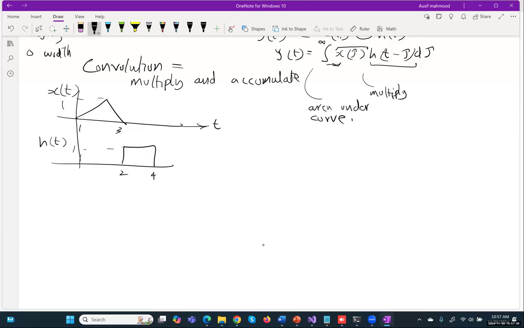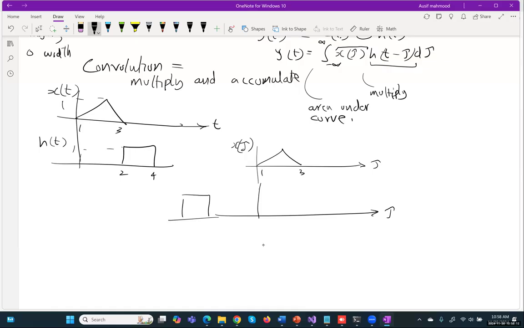Okay, so x of tau doesn't do anything. It simply changes the t scale to tau scale. It's just a change of variable. So everything in t becomes tau, that's it, right? H of t minus tau. So if we do h of minus tau, that means it will flip around the y-axis.